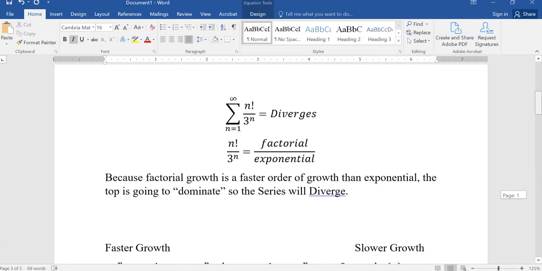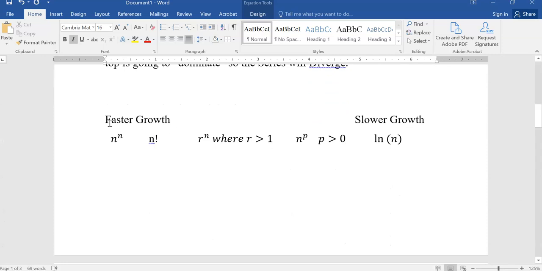In other words, when I say faster growth versus slower growth, if two things both fall in the same category of n to the p, that's not slower growth in terms of the ratio test. For the ratio test, they have to be very different types of functions that we're comparing, like factorials versus geometric, or n to the nth versus factorials, or geometric versus n to the p. All right, so hopefully that makes sense.